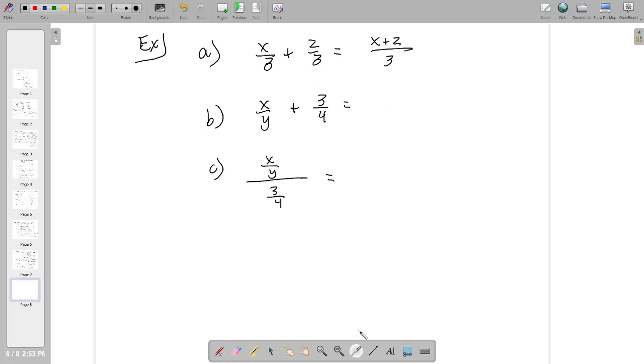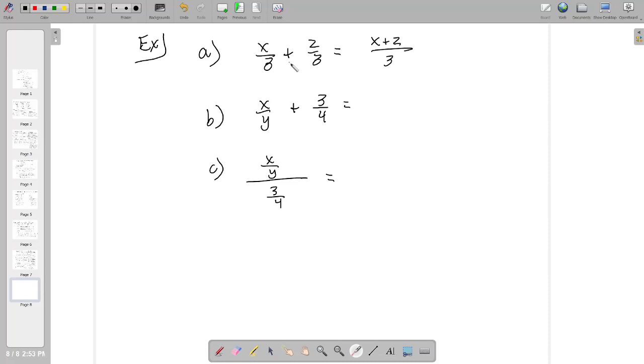Now, I want to emphasize here that when we have equality, going one direction is the same thing as going the opposite direction, because equality is both ways. It's bidirectional. So we can go from the left side to the right side, or from the right side to the left side when it suits us.